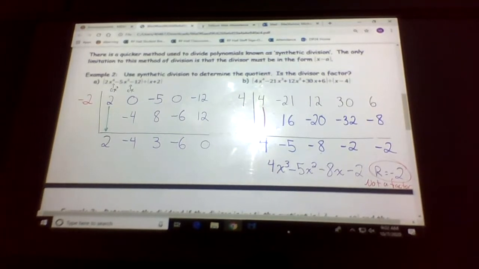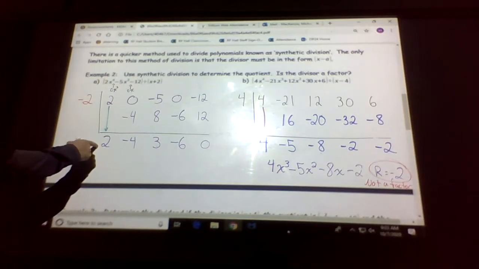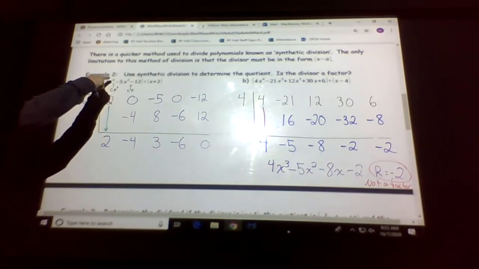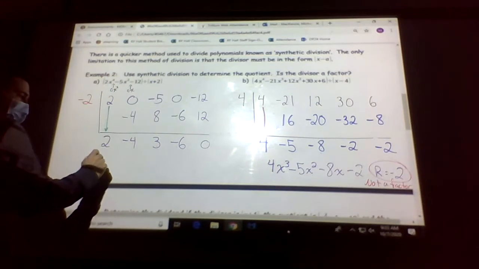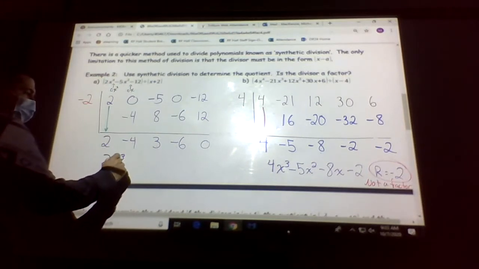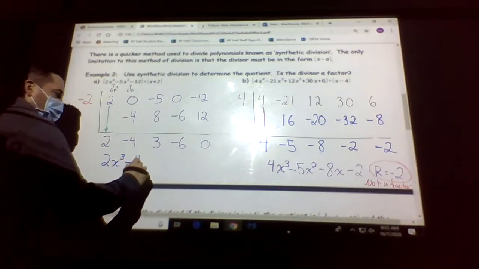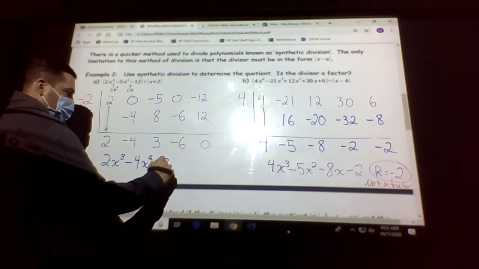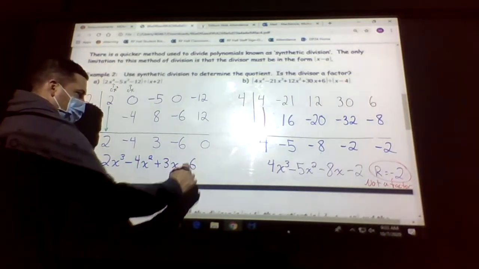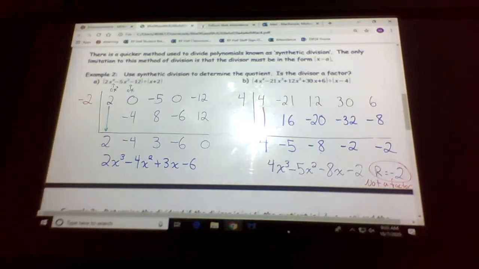So it is a factor, but I'm going to write out what the quotient is. The quotient is 1 degree less than what we started with. So it's x to the power 4, so we're going to have 2x to the power 3 minus 4x squared plus 3x minus 6 with a remainder of 0.